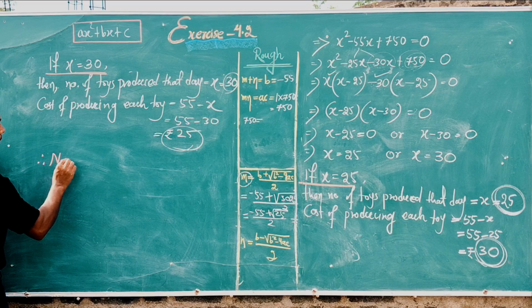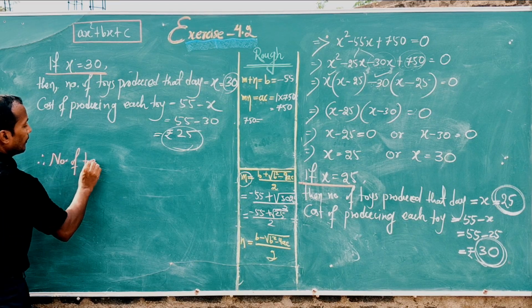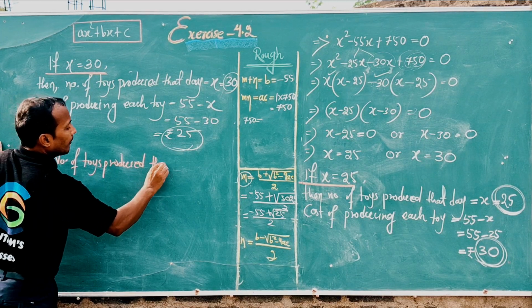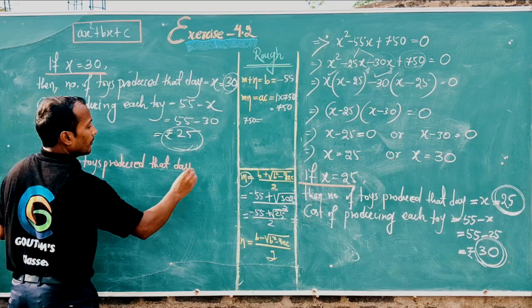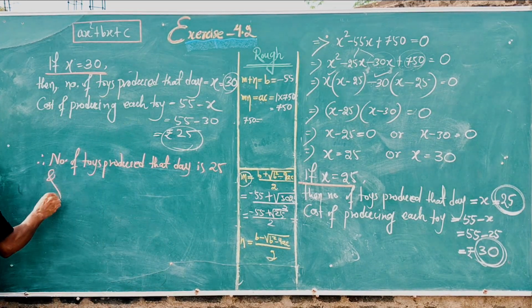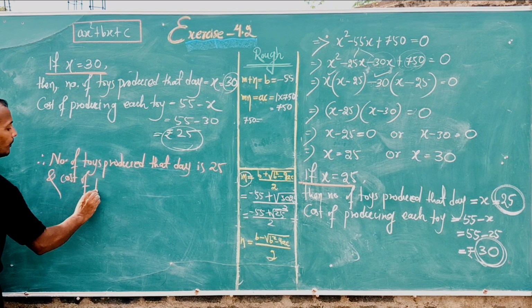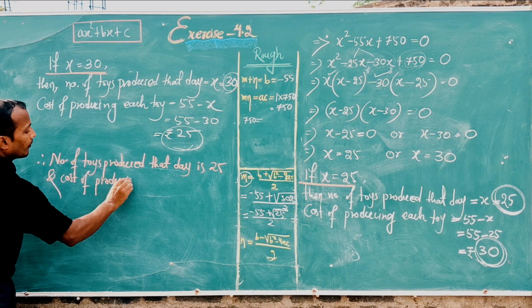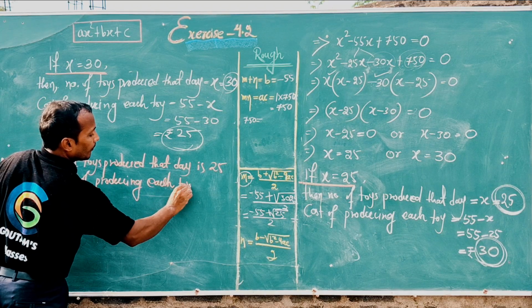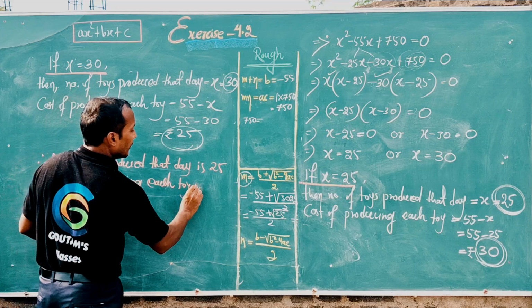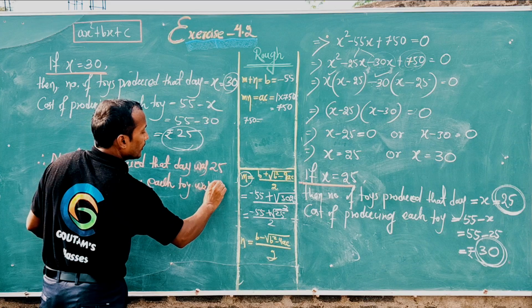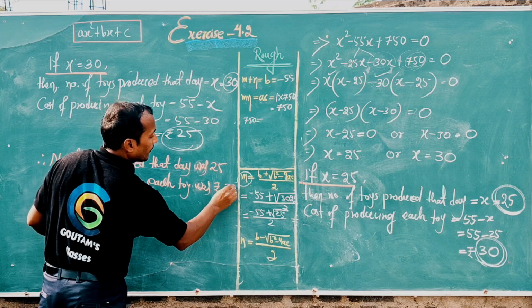So number of toys produced that day is 25 and cost of producing each toy was rupees, how much? It was 30.